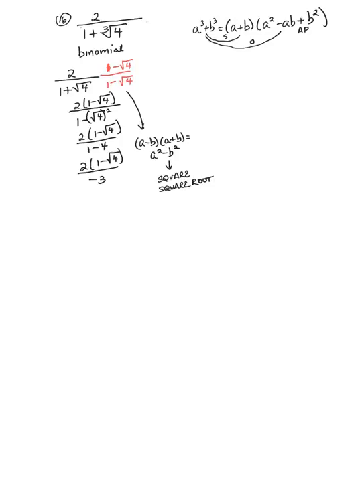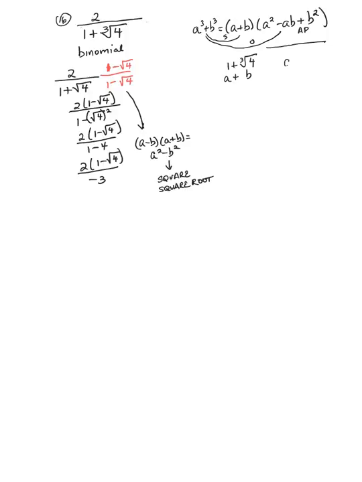So in this problem here that I gave you, the 1 plus cubed root of 4 is the a plus b part. So we want to multiply that by this trinomial here so that I could get the sum of 2 cubes.